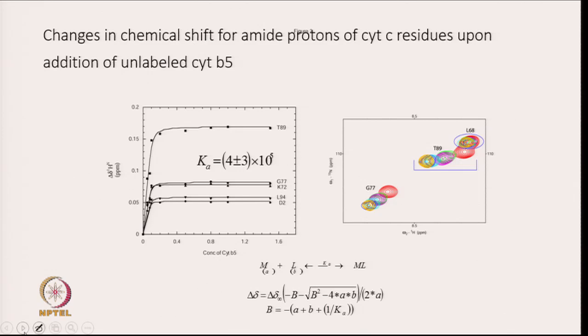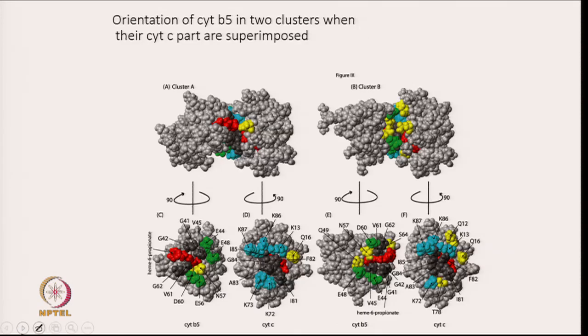So, using that chemical shift deviation, you can measure the binding constant, and this is one of the typical peaks which we used to get the binding constant of cytochrome C with cytochrome B5.